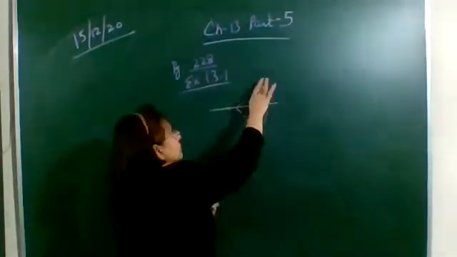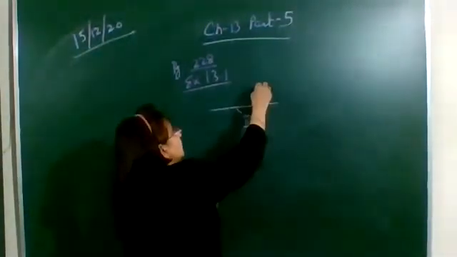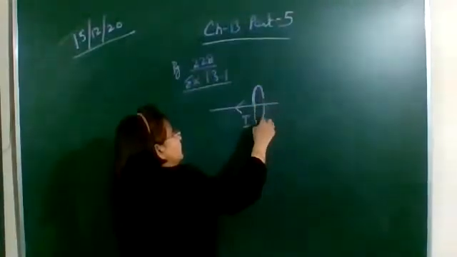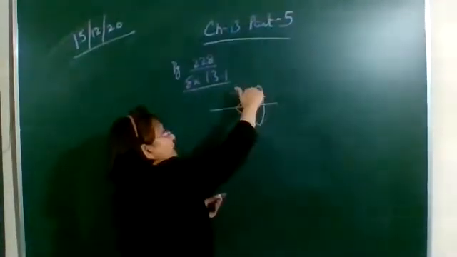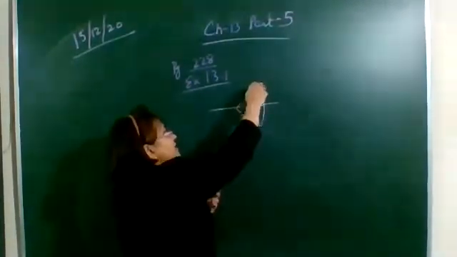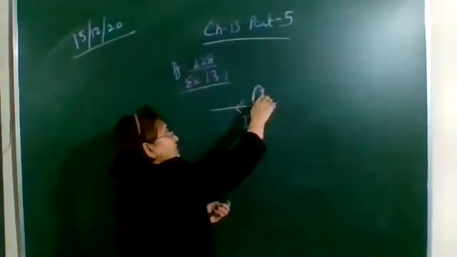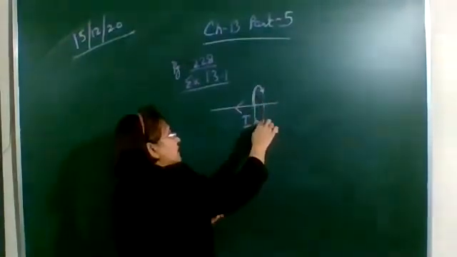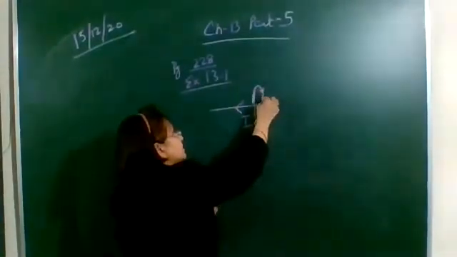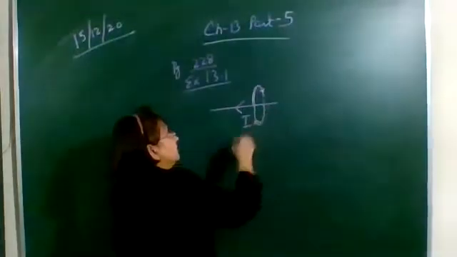This is one magnetic field line we have drawn. As you can see, the direction of this line is inwards, so we can show it by a dotted line.